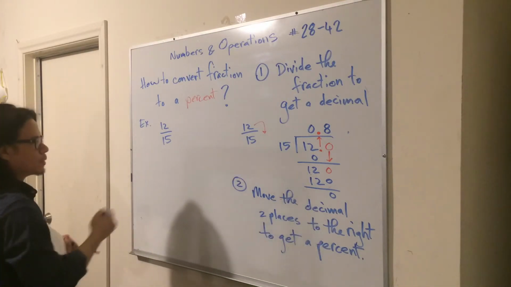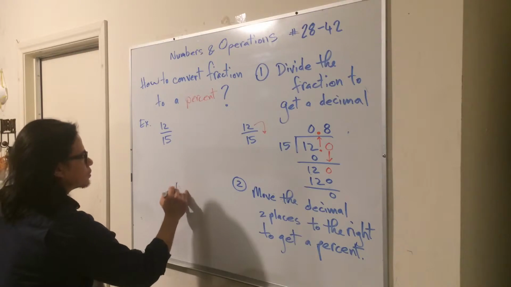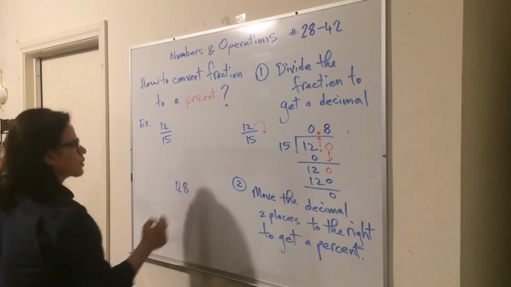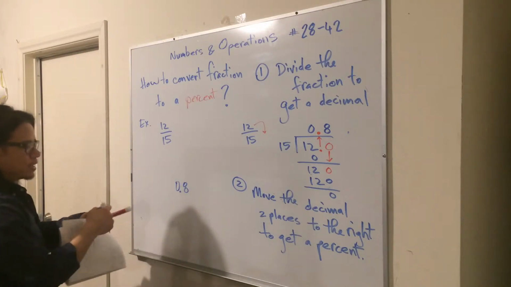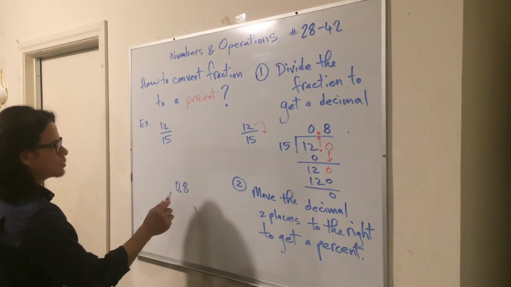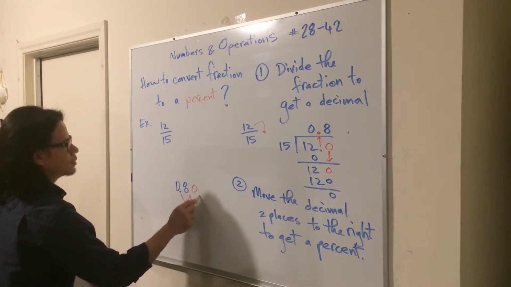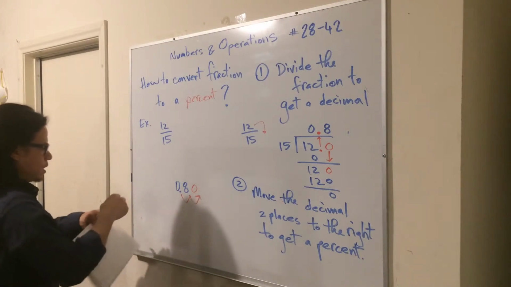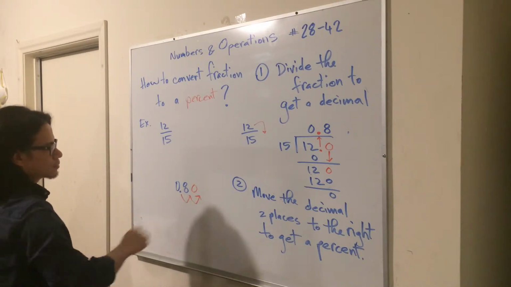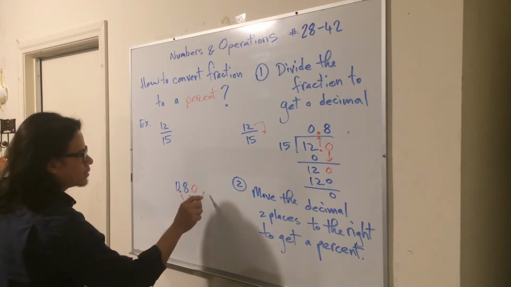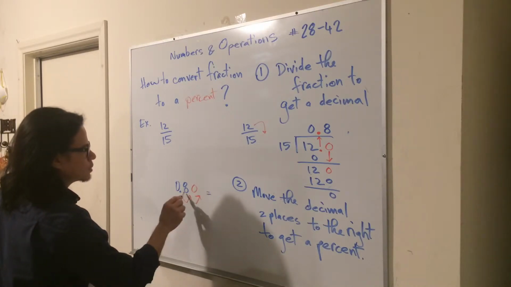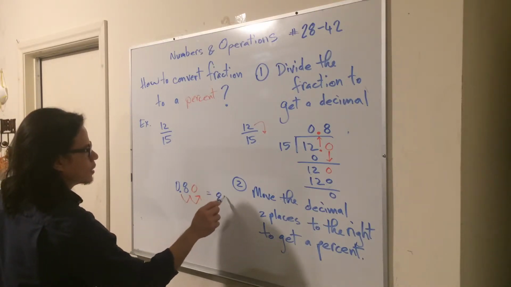Okay, so the decimal that we have is 0.8. And it says to get a percent, you need to move it 2 places to the right. So 1, 2. So the percent value of 0.8 is equal to 80%.